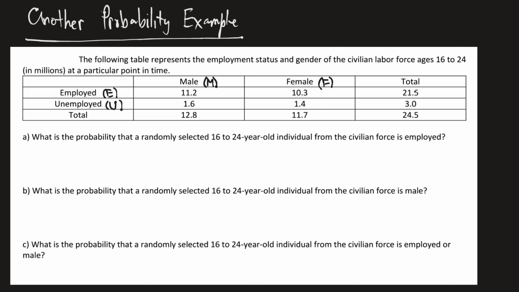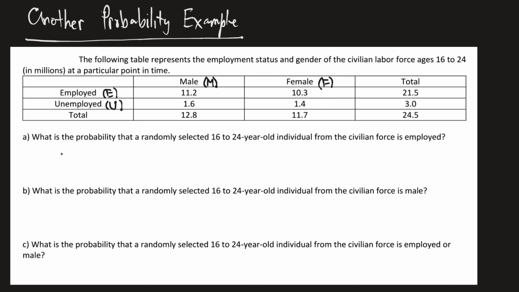people in this workforce that are employed out of a total of 24.5. So what I'm going to do with this example is use the N notation, meaning number of elements of, to show you how this will work.